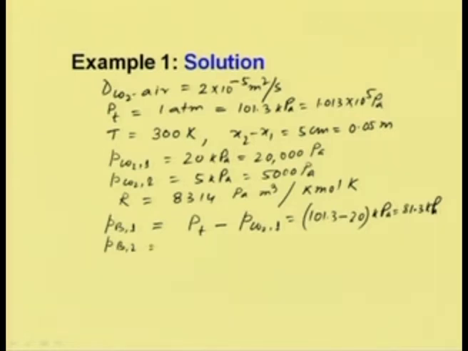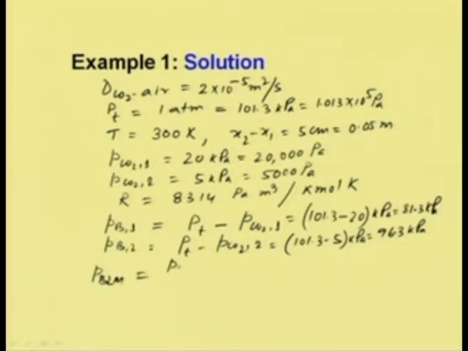PB2 is Pt minus PCO2 at point 2, which is 101.3 minus 5 kilopascal, which is 96.3 kilopascal.